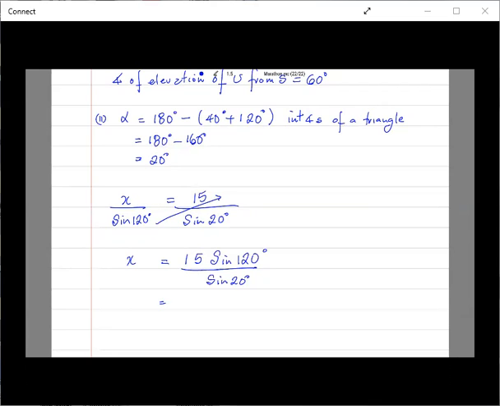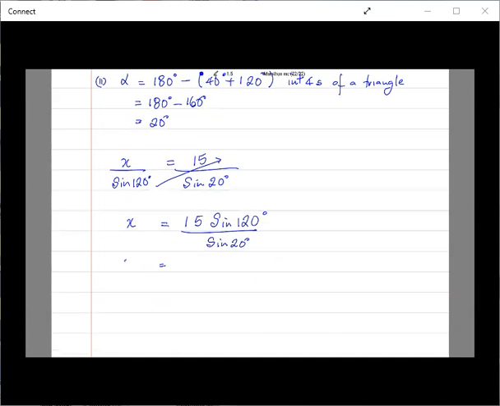My answer is approximately 38 meters. So x, which is UT, is equal to 38 meters. It is actually 37.98, but if you round that to three significant figures, you get 38.0. So UT is simply 38 meters to three significant figures.